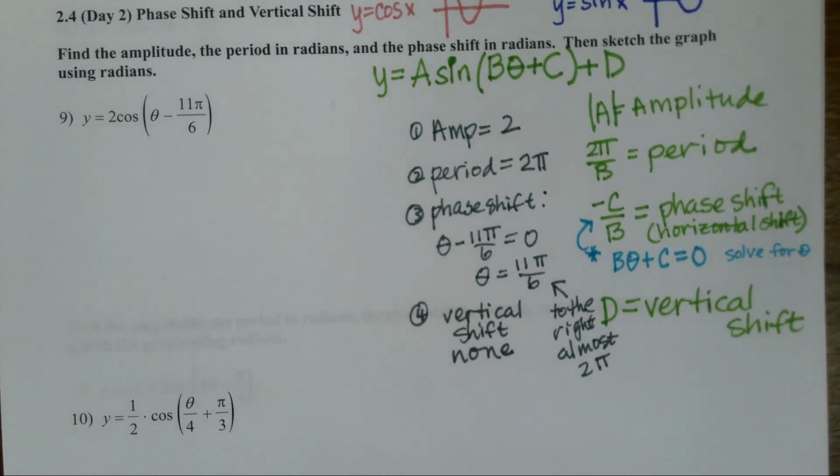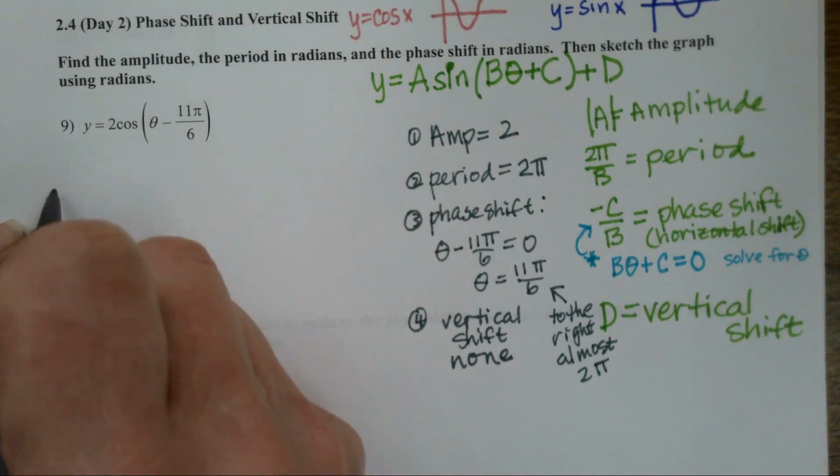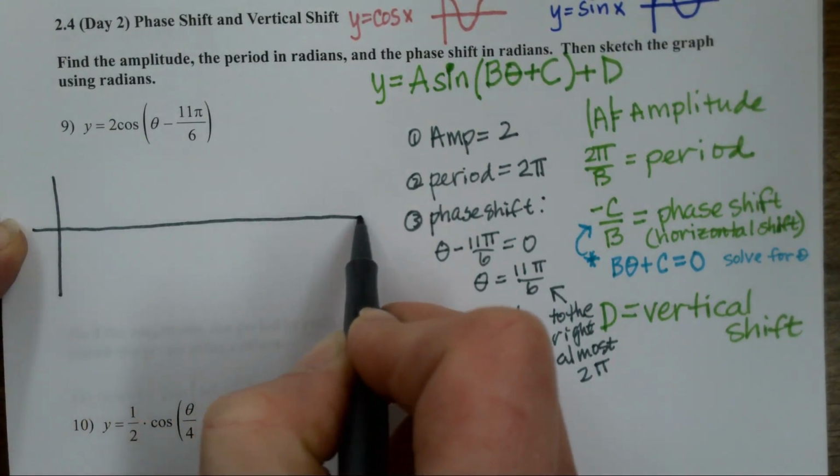All right? Now I'm going to put it all together. I've already used a lot of my work, so when I make my graph, I'm going to have to make things small. I'm going to make this really as long as I can.